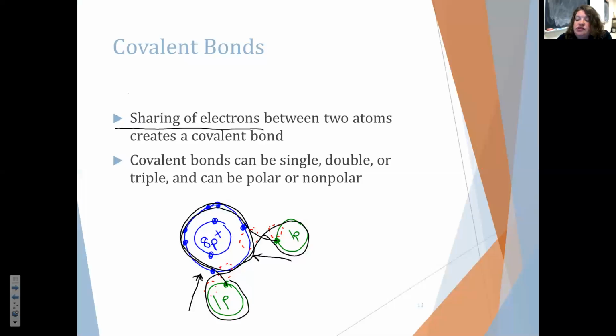This forms a compound called H2O, or water. This is how water is formed. This is going to be a single covalent bond because we're sharing a single pair of electrons. There's a single set of shared electrons between each of these atoms.